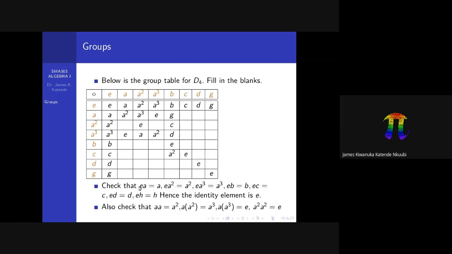I've given you some work to check here. And you will notice that any composition with this E leaves the other elements intact. And therefore, this element E will act as the identity. So check all these computations and also try to fill in the blanks in your own time. This will give you the multiplication table for D4, or the group table for D4.